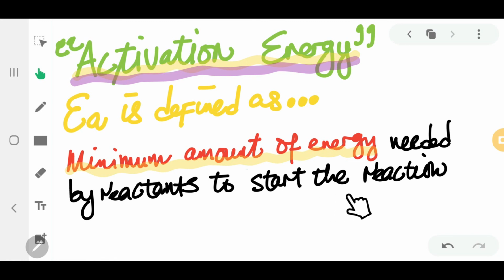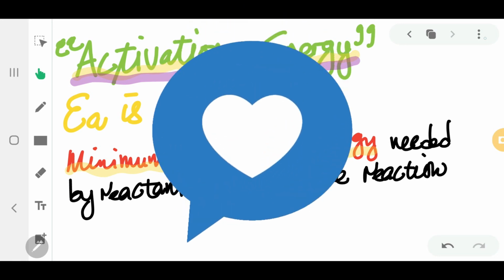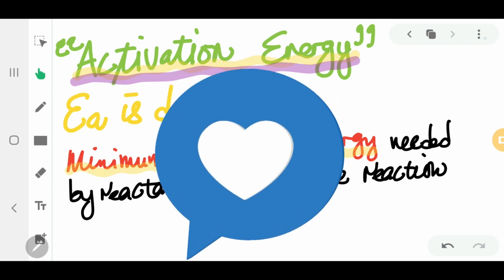So this is the definition for activation energy. So the molecules get into the correct orientation, and together with that, they need to have kinetic energy that is equal to or greater than the EA of the reaction.